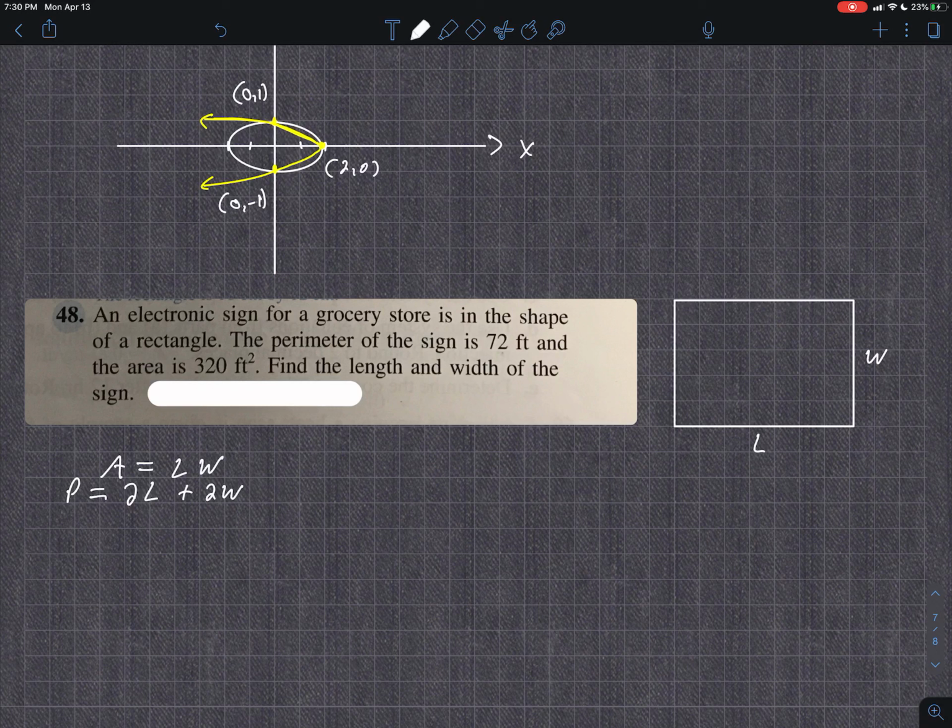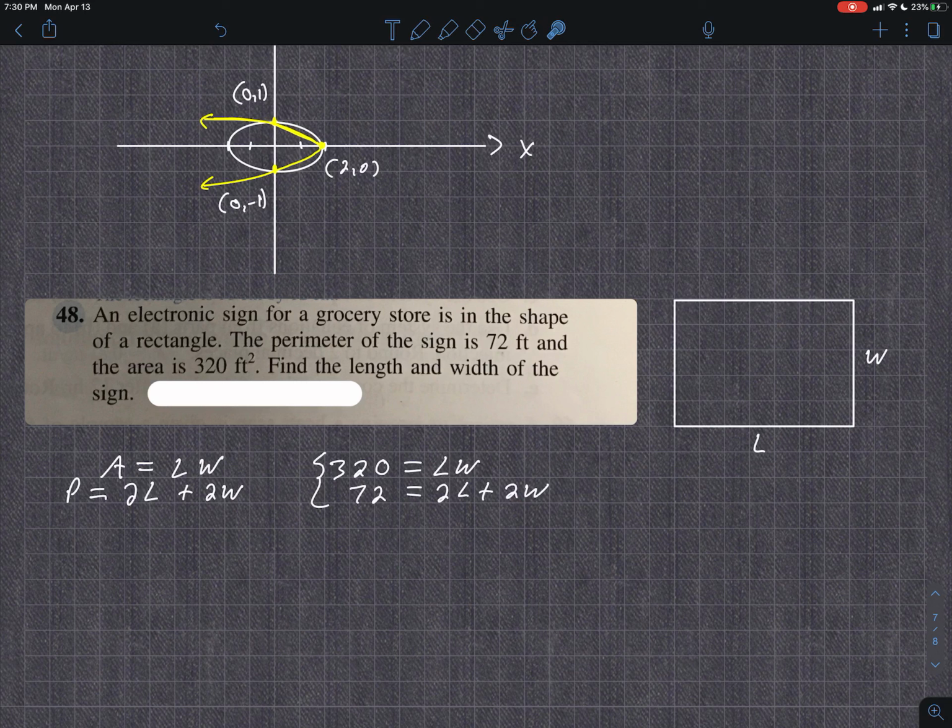Sorry about that. So it tells us the perimeter is 72 and the area is 320. So we say 320 is your length times your width. And then the 72 is the 2L plus 2W. And that's basically your system that you want to solve.